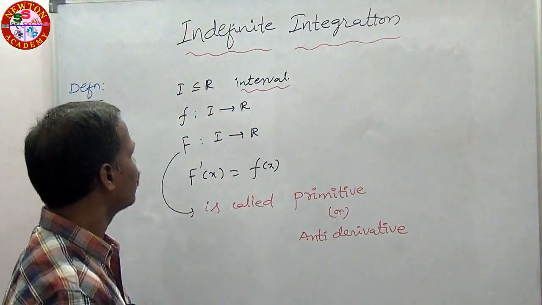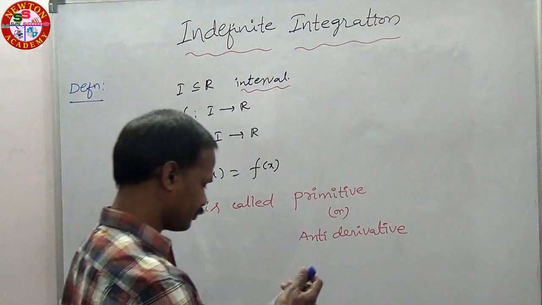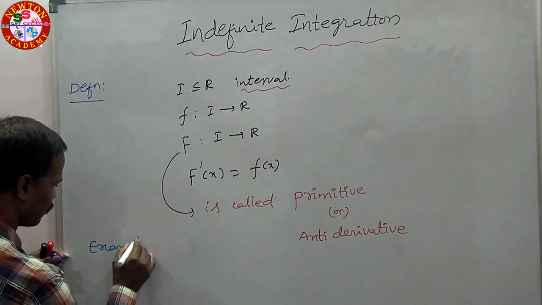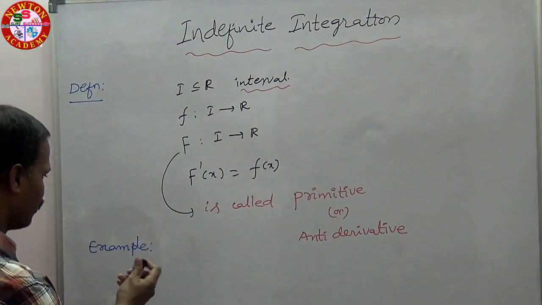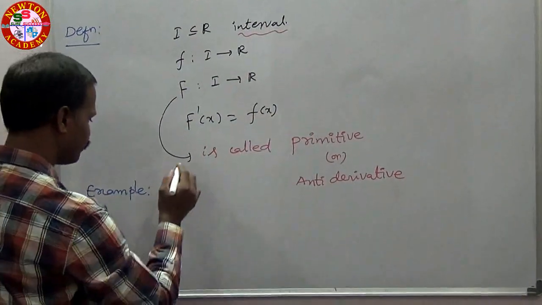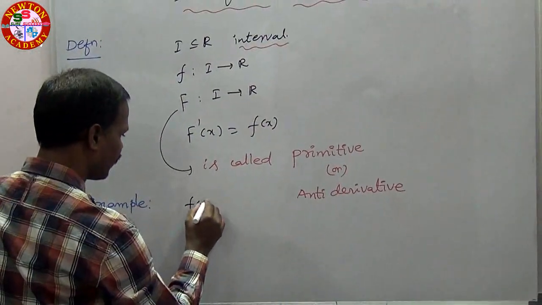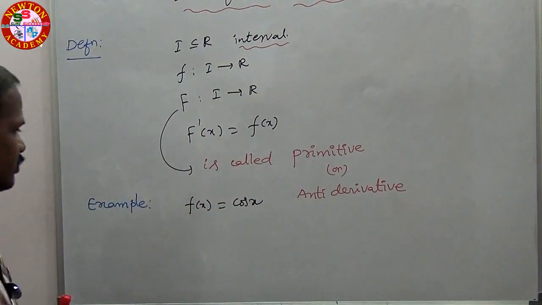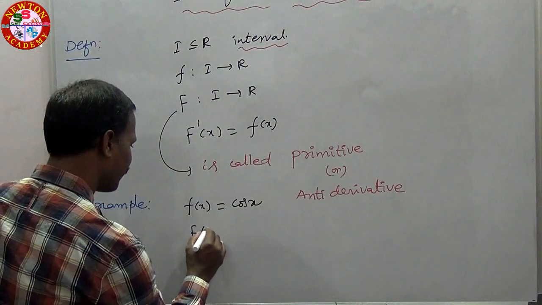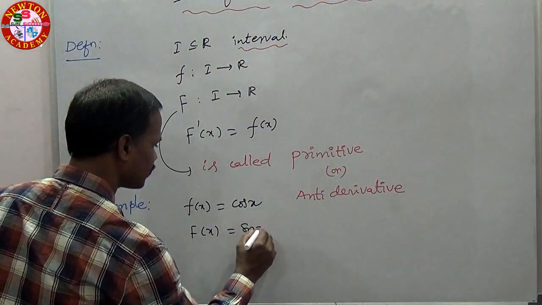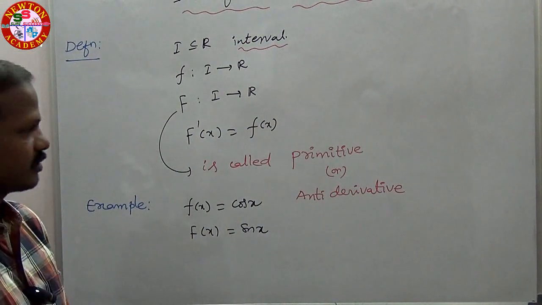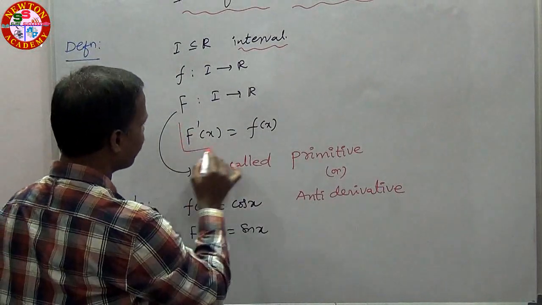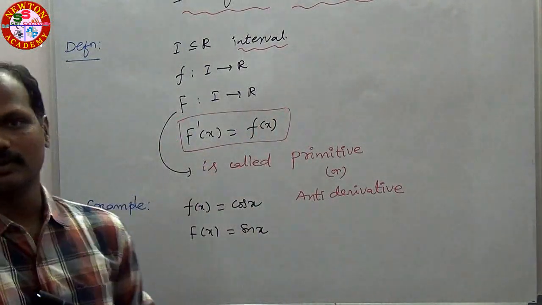So I will give one example. Let small f of x equal to cos x. So capital F of x equal to sin x. According to our definition, capital F dash x should equal small f of x.